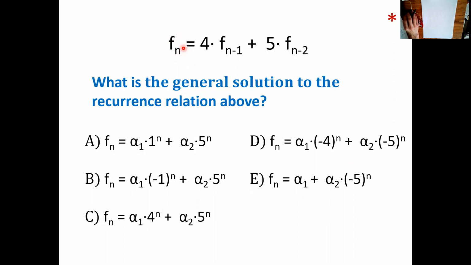So you can express this as x to the n, this as x to the n minus 1, this as x to the n minus 2. Then you drop out the highest common term, which is x to the n minus 2. This remains just 4 times x, and this will be x squared. And then you have a characteristic equation that you will solve, and its solutions will be one of these: 1, 5, minus 1, minus 5.